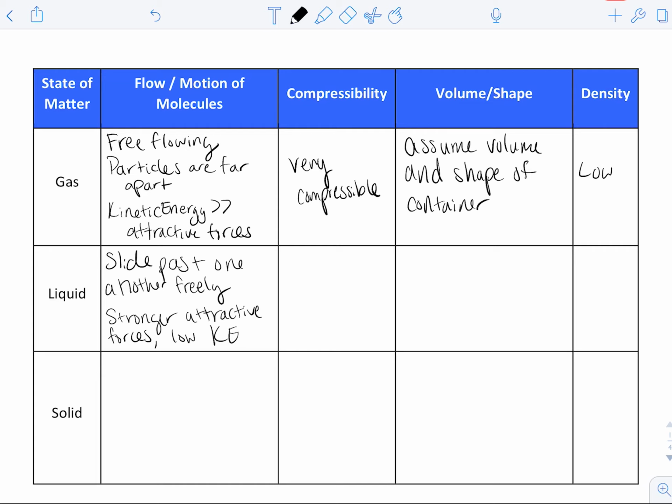Okay, with liquid particles or liquid molecules, there's going to be very little space in between them, so they're not going to be compressible. So we're going to call them virtually incompressible. Okay. And then we have a substance that is free-flowing, but we have a very definite amount of it. So we have a definite volume, but our substance itself can assume the shape of the container.